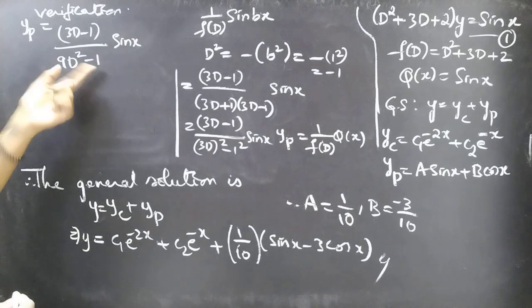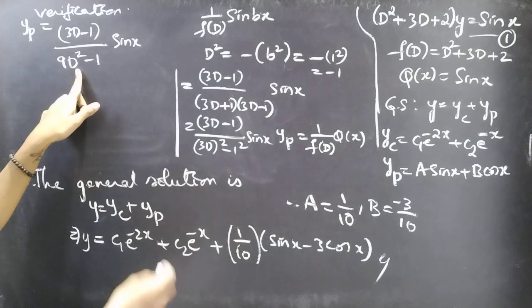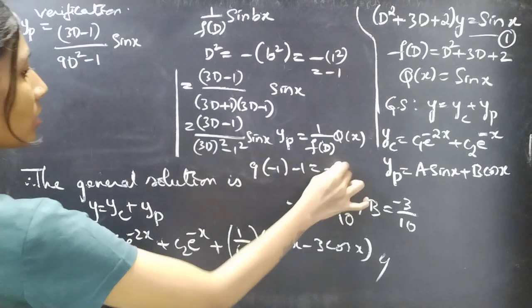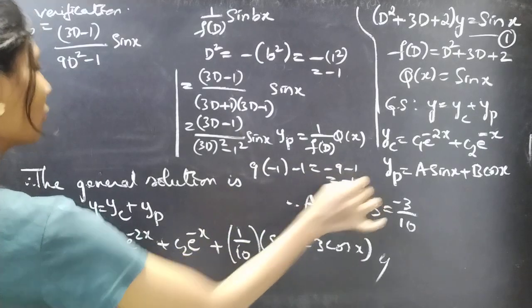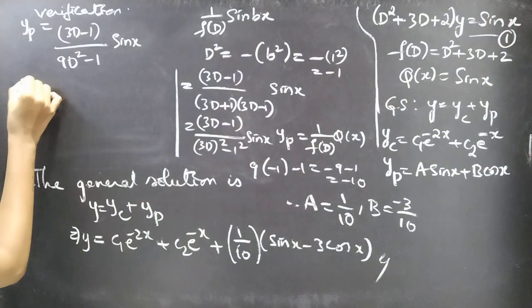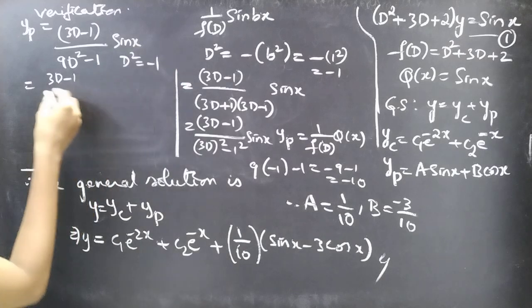Again, replace d square by minus 1 in the denominator. If you replace d square by minus 1, you'll get 9 into minus 1 gives minus 9 minus 1, which is minus 10. Okay, the denominator is non-zero. So just replace d square by minus 1.